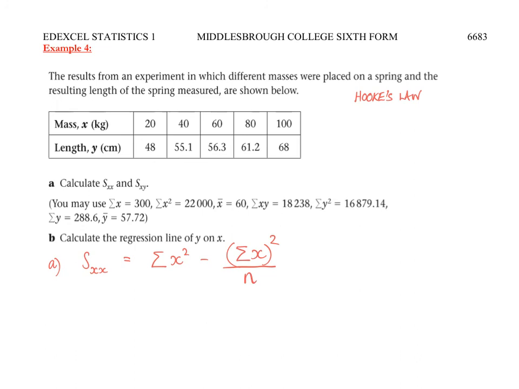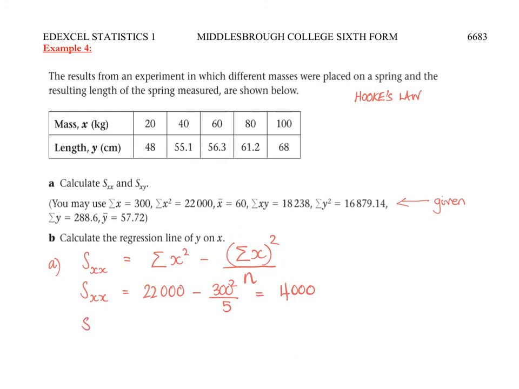And as I said before, you've actually been given all that information, so you don't have to work it out from first principles. It makes it a little bit more straightforward and quicker for an exam. So we have 22,000 there minus 300 squared over 5. So that gives me an answer of 4,000.